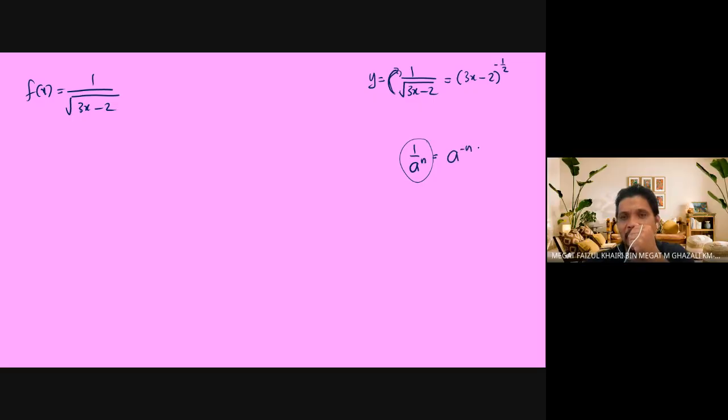Just like this, 1 over the square root of 3x minus 2 equals (3x minus 2) in brackets to the power of negative half.